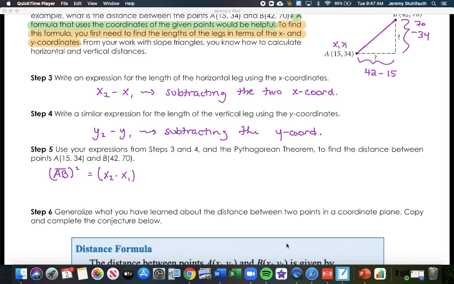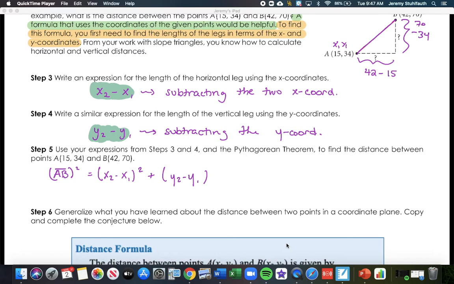We said we could represent the horizontal distance with x2 minus x1, so we'd square that, and then add to that the vertical distance, y2 minus y1, squared.